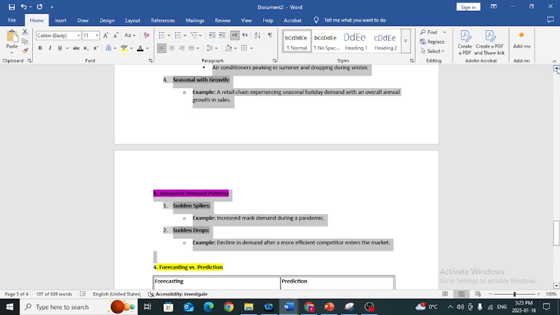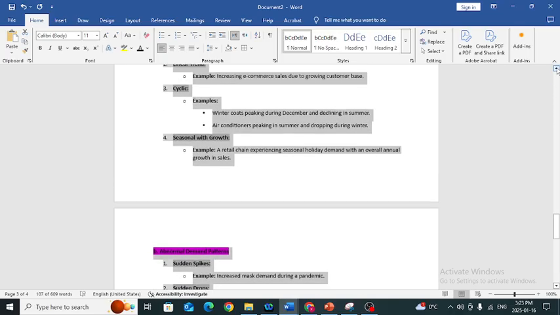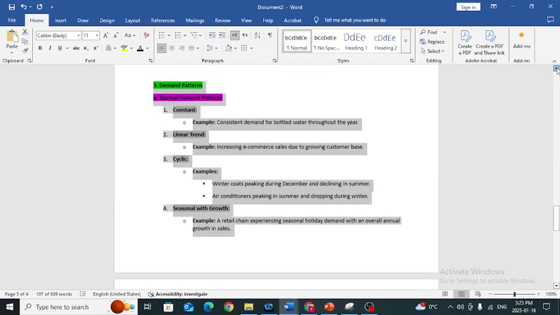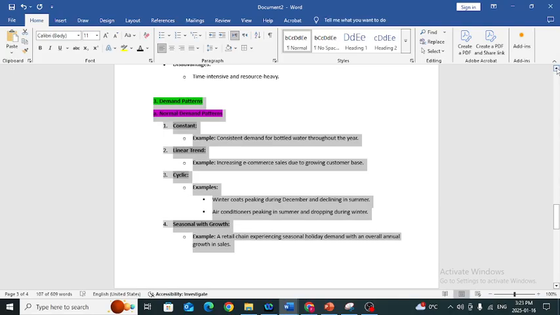Okay, for the explanation about the demand pattern, it encompasses two parts. At first, I want to have some brief explanation about normal demand patterns, which encompass constant, linear trend and cyclic.